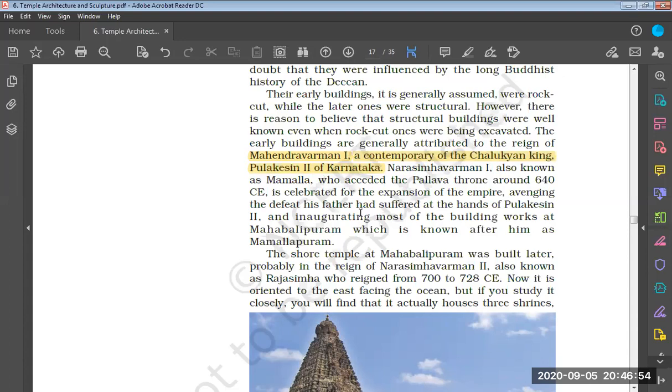Narasimhavarman I, also known as Mamalla, who ascended the Pallava throne around 640 Common Era, is celebrated for the expansion of the empire, avenging the defeat his father had suffered at the hands of Pulakeshin II, and inaugurating most of the building work at Mahabalipuram, which is known after him as Mamallapuram.